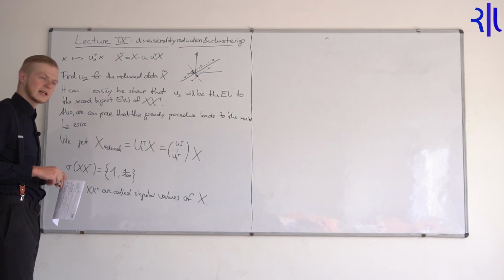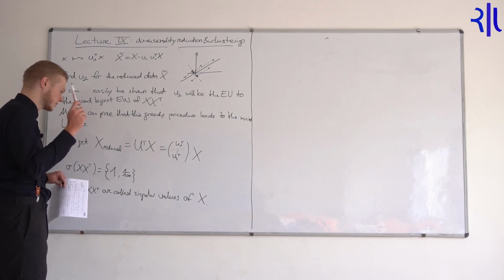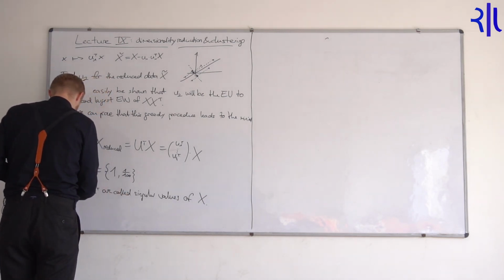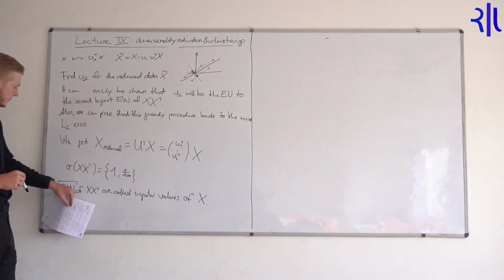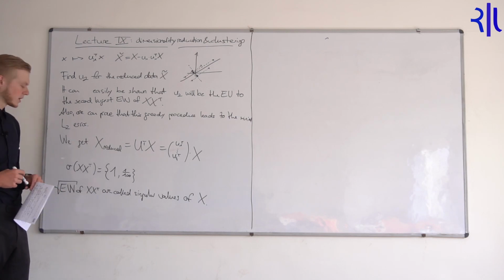And it holds that the square roots of the eigenvalues of x times x transpose are the so-called singular values.